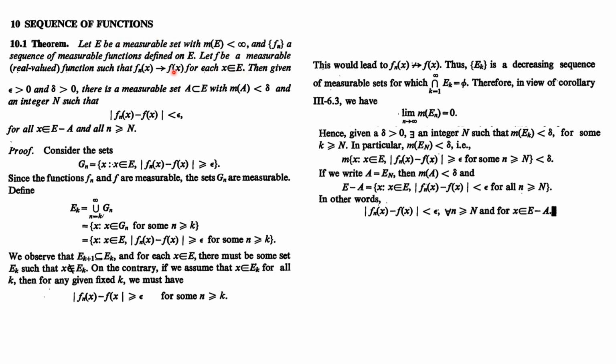Then this theorem says, given epsilon and delta greater than 0, there is a measurable set A, subset of E, with measure of A less than delta, and a positive integer capital N, such that |f_n(x) - f(x)| < epsilon for all x belonging to E minus A, and for all n greater than or equal to capital N.